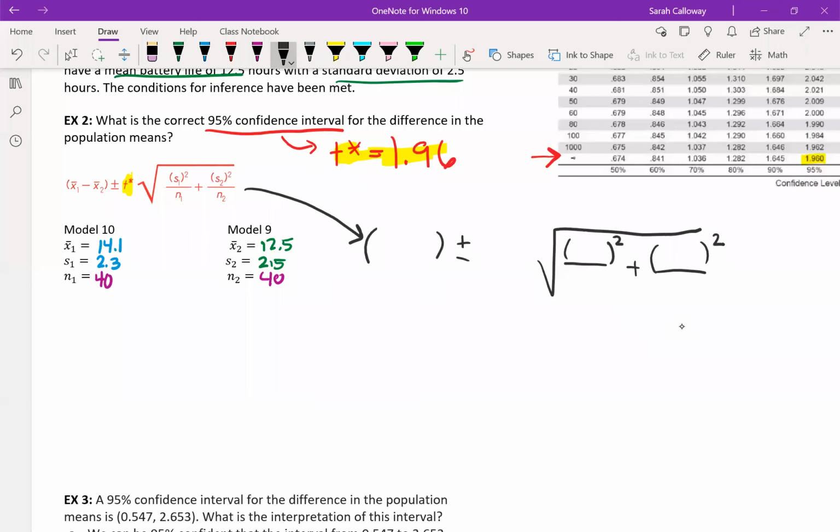Okay, so we need to subtract x bar sub 1 minus x bar sub 2.